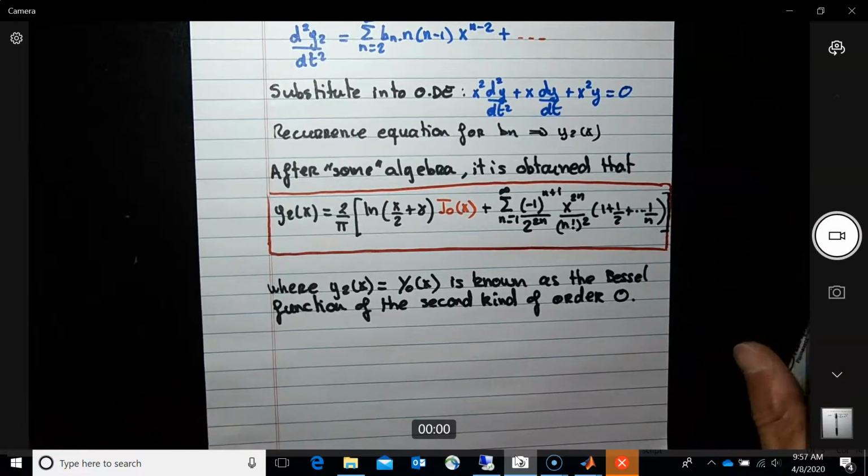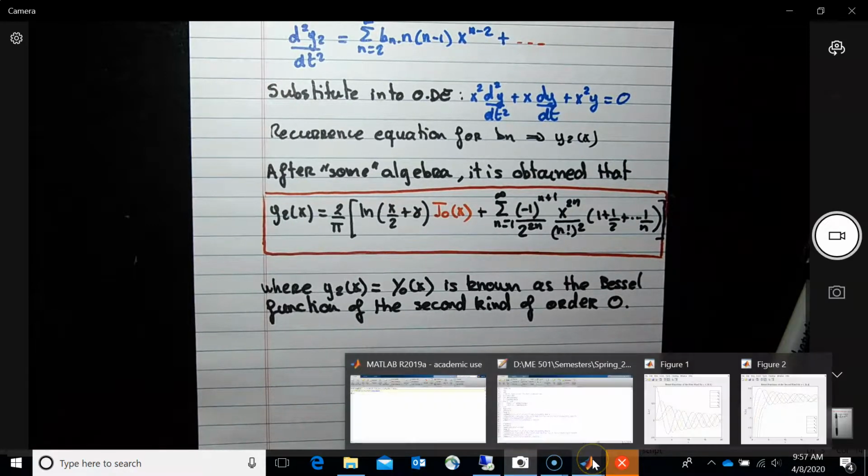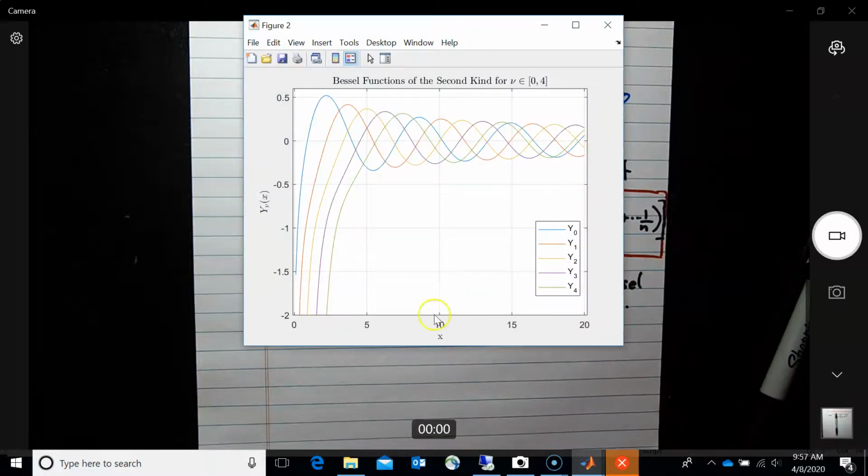Okay, and this function here is the y that I showed you before in this one over here.